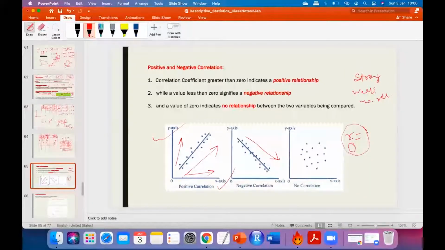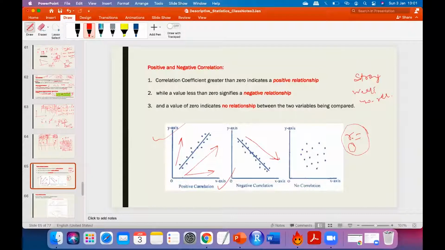Understood? Negative correlation means, for example, just a hypothetical example, as we move away from Earth, our weight keeps on decreasing. One variable is increasing, another is decreasing.